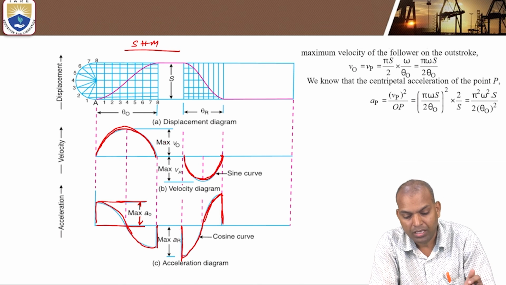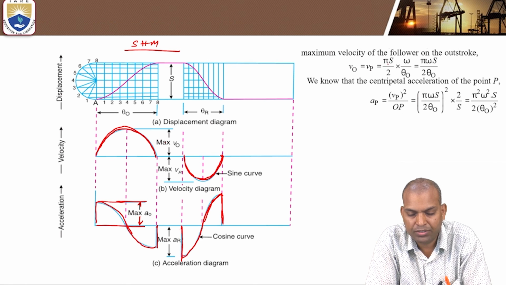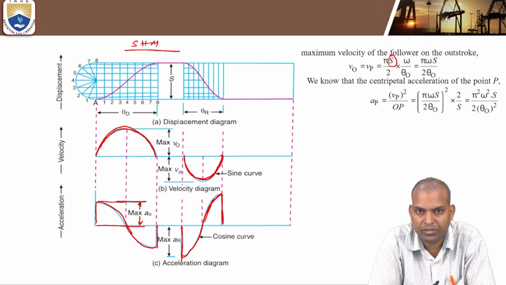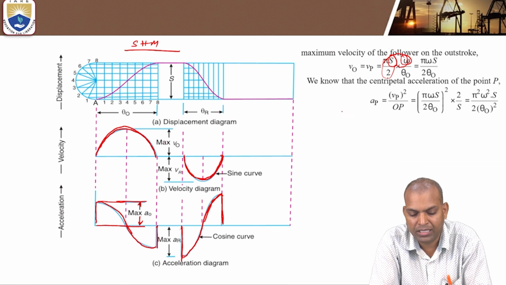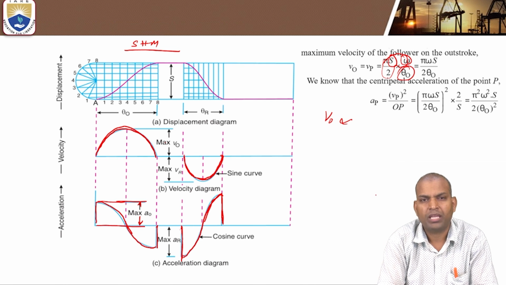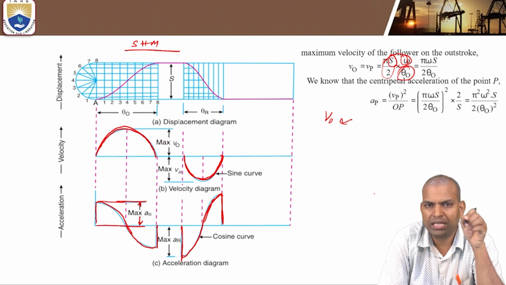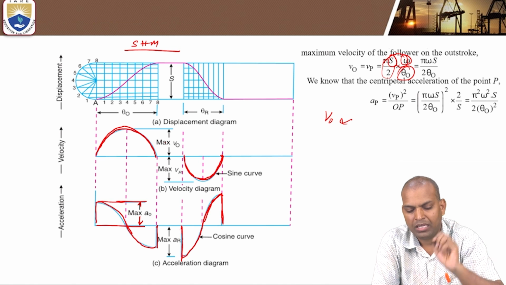Very important. And one more thing is how to find out here. If you understand, the stroke of the follower remains constant. It is uniform velocity, so all are constant. What is the variable here? V naught is variable, theta naught is the variable. If the angle of outstroke is changing, then the velocity will change, the velocity curve.